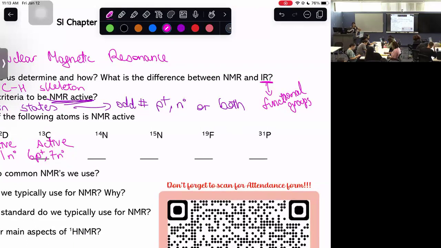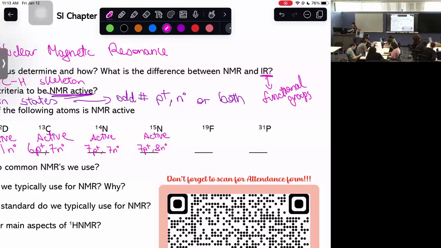Nitrogen 14. Is it active or inactive? Active. How many protons and neutrons? 7 protons, 7 neutrons. Beautiful. Nitrogen 15. Active or inactive? How many protons and neutrons? 7 protons. Beautiful. Fluorine 19.